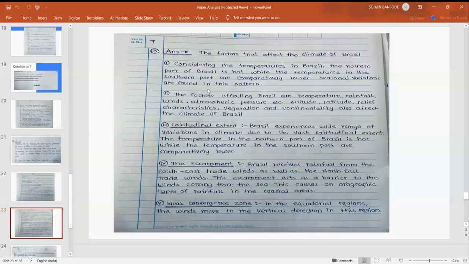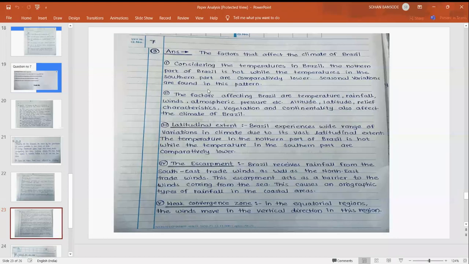Next one is question number 7. Sub question is third question. The factors that affect the climate of Brazil. So now considering the temperatures in Brazil, the northern part of Brazil is hot while the temperatures in the southern part are comparatively lower.